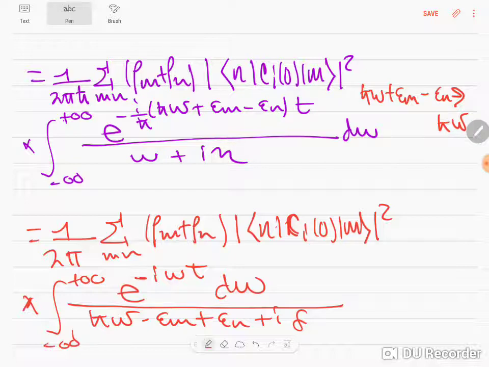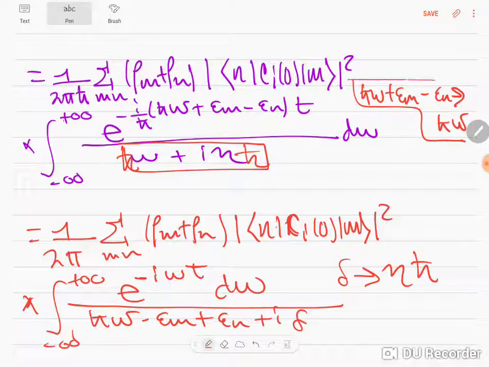And what I did with the h bar here was the following. So look that here downstairs I just had the omega, so then this h bar came here to multiply omega and to multiply eta. So that means that delta, the new delta, is nothing but eta times h bar, and since h bar is small enough to make eta even smaller, delta is super small, so then we can do that. And in that way, when we have here h bar omega, then we can perform this change of variable in terms of h bar omega. So that's where the h bar went to.